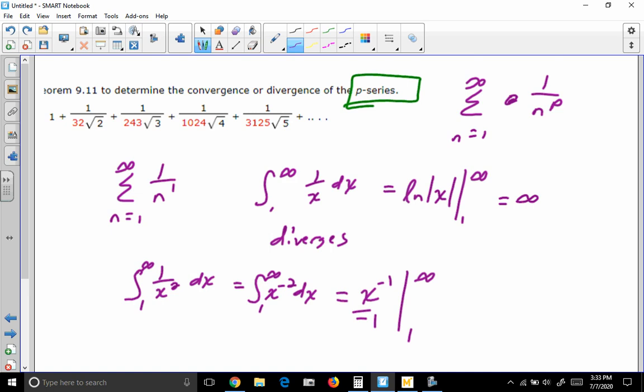Technically, we take the limit, but we're just kind of doing this quickly just to illustrate. So if we put an infinity in, we have negative 1 over infinity to the negative 1, or infinity to the positive 1 on bottom. And if we put a 1 in, we get a 1 there. If the denominator is going to infinity, that's going to 0. Those cancel, so we get a constant, so we're converging.